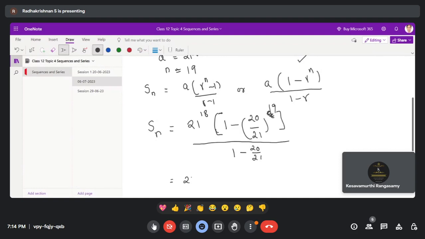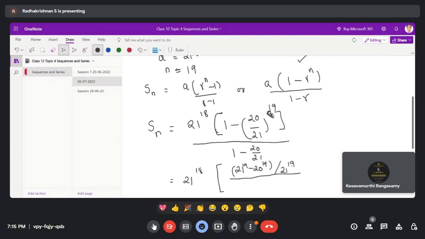So you can try it. Try to simplify. So I want to put it as 21 to the power of 19 minus 20 to the power of 19, whole divided by 21 to the power of 19.